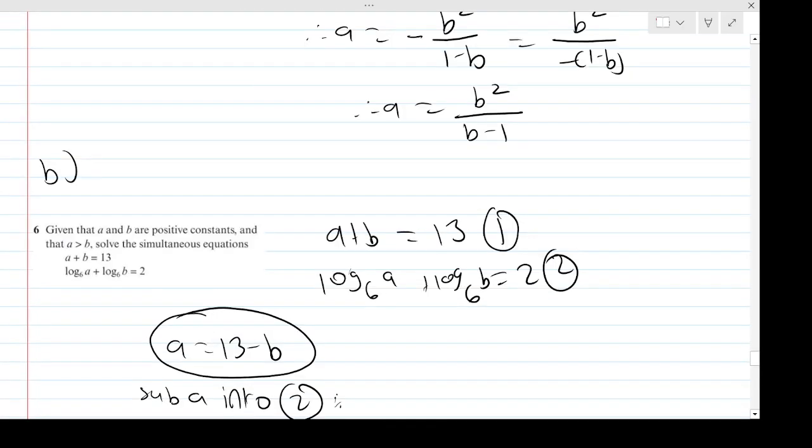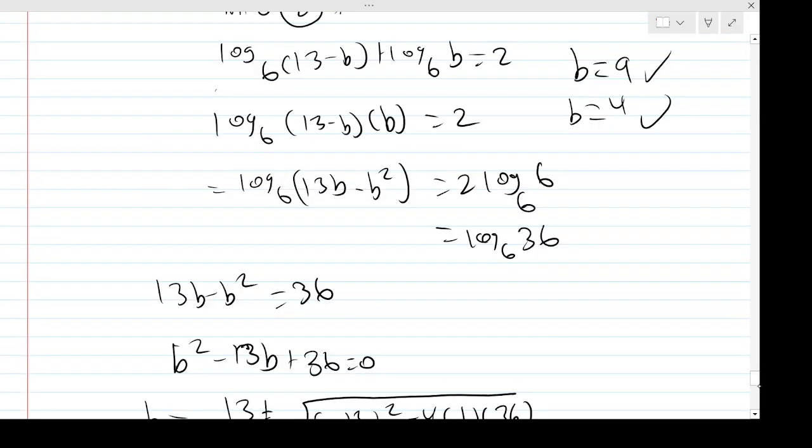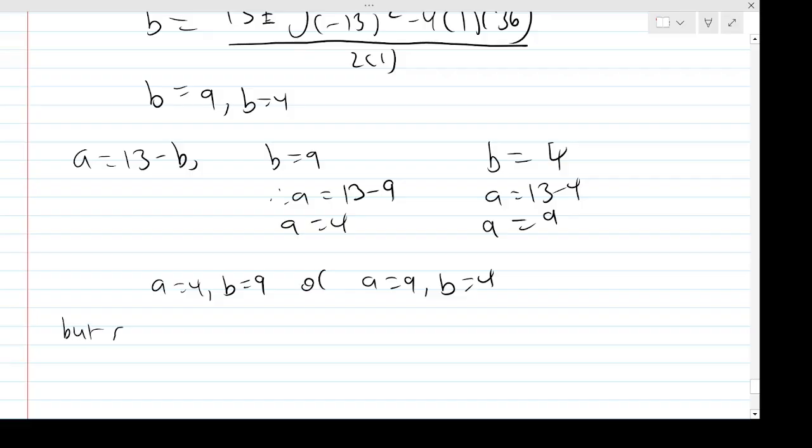But we're told they're positive. That's great, they're all positive. But we're given this little caveat as well: A has to be bigger than B. But actually look here, in this first pair, A is 4 and B is 9. Well, that means 4 is less than 9.